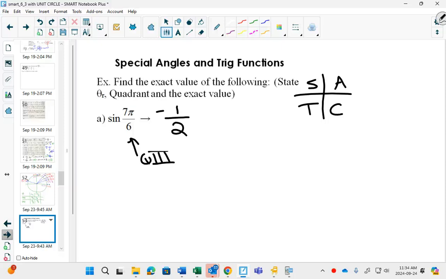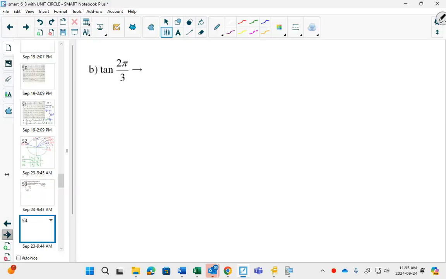So that means sine of 7 pi over 6 is negative a half. Now this is one that's listed, so you could also just look at 7 pi over 6 and look at your y coordinate and see negative a half that way. But the idea will be: see the family, know the family's value from quadrant 1, and then use the quadrant to determine if it's positive or negative. I see the family, pi over 3 family.